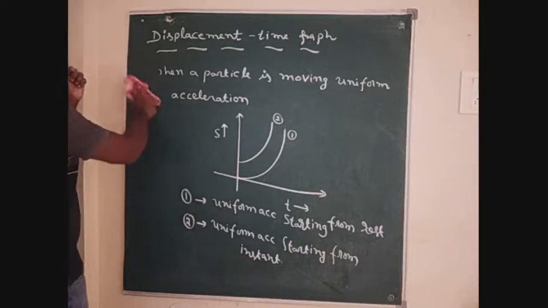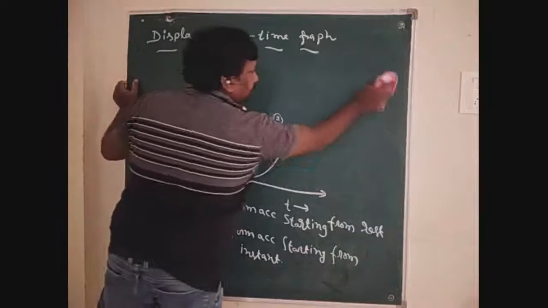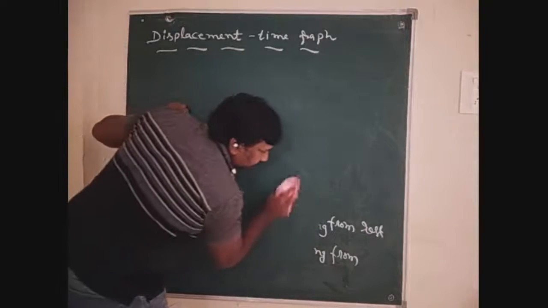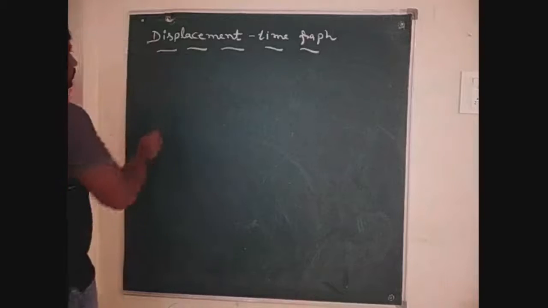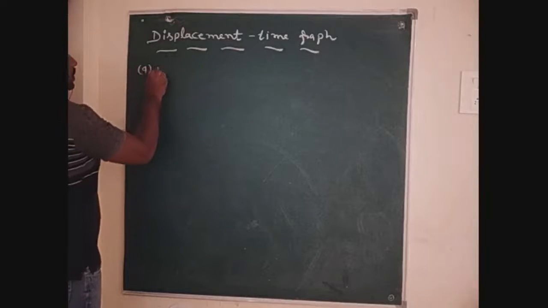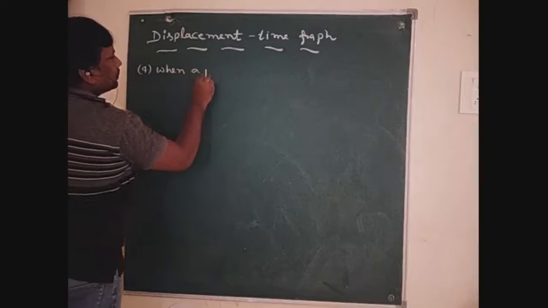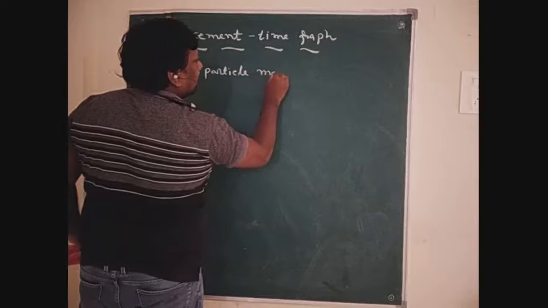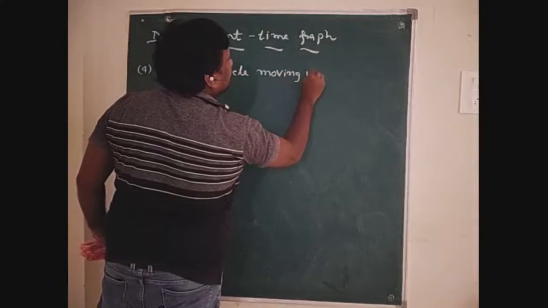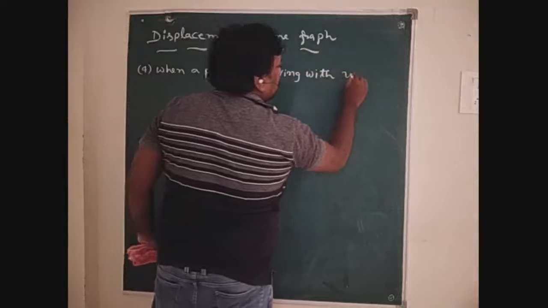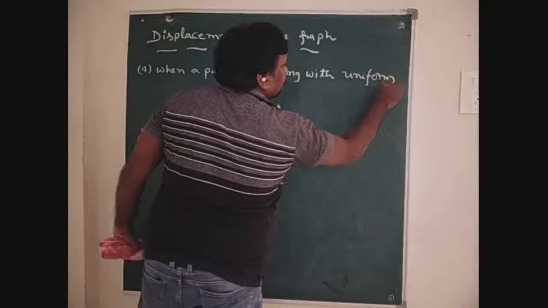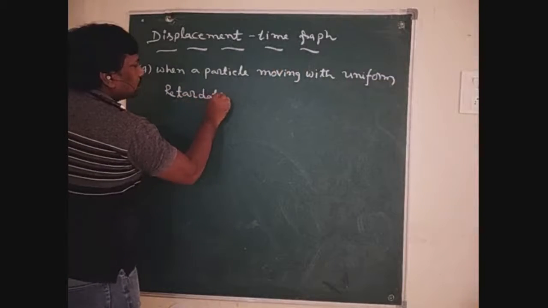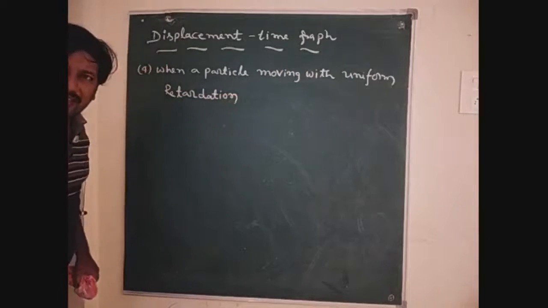Next, case 4. When a particle is moving with uniform retardation. Retardation means negative acceleration.